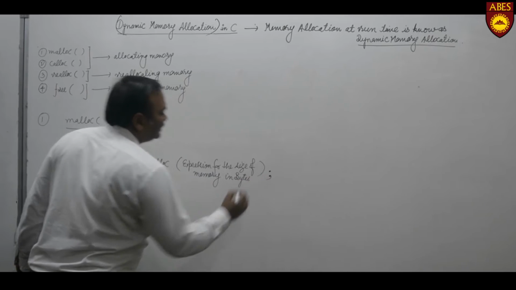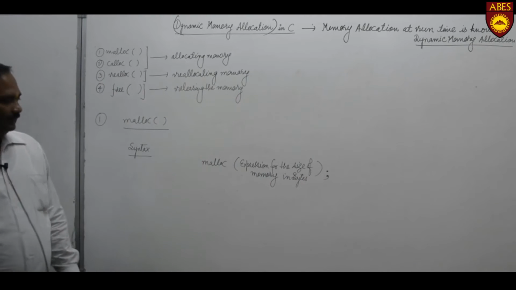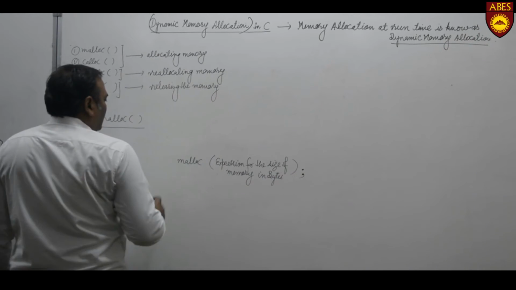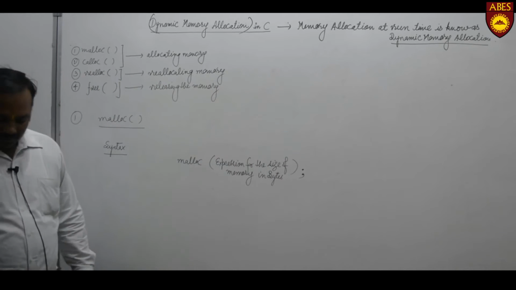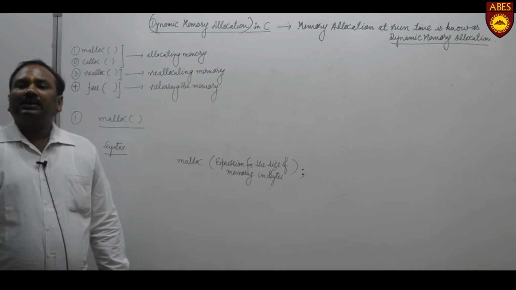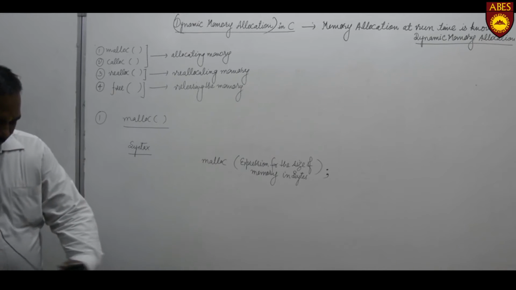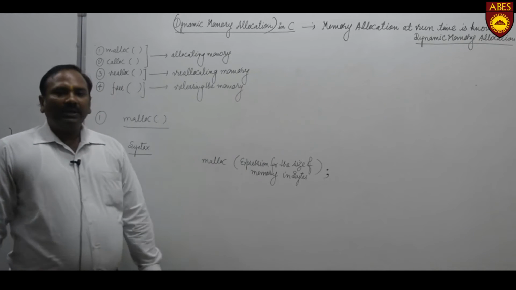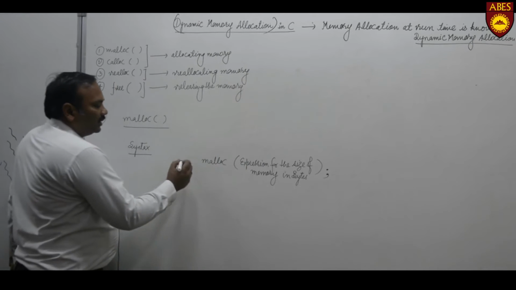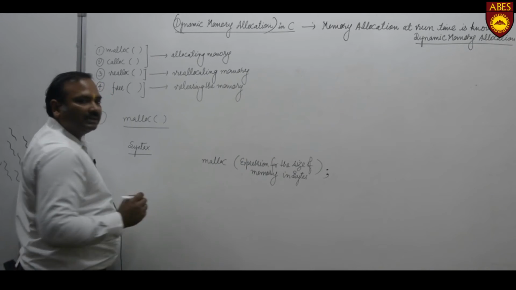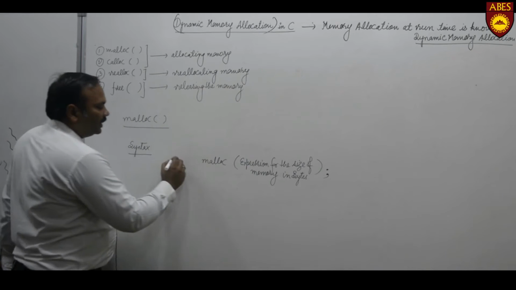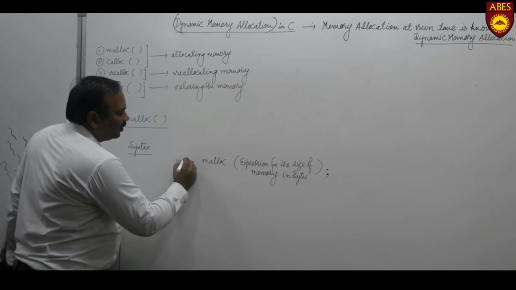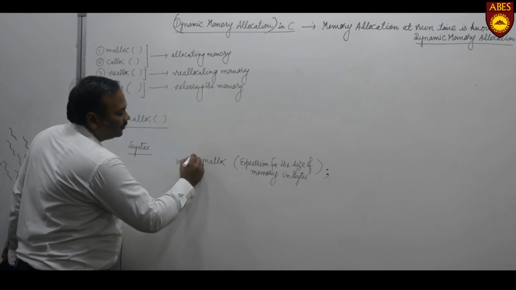Here memory measurement is in bytes. If you are requesting some memory, then malloc allocates that memory and returns the address of its first byte in the form of a void pointer.